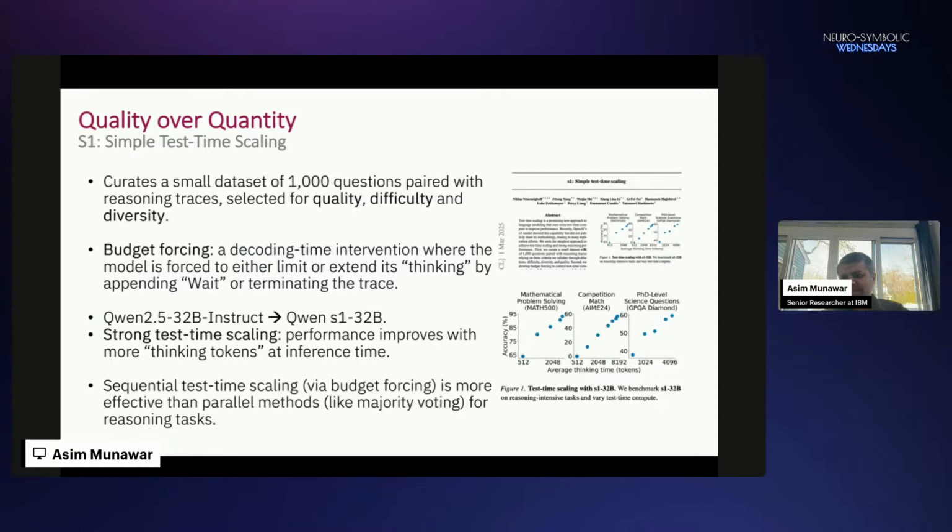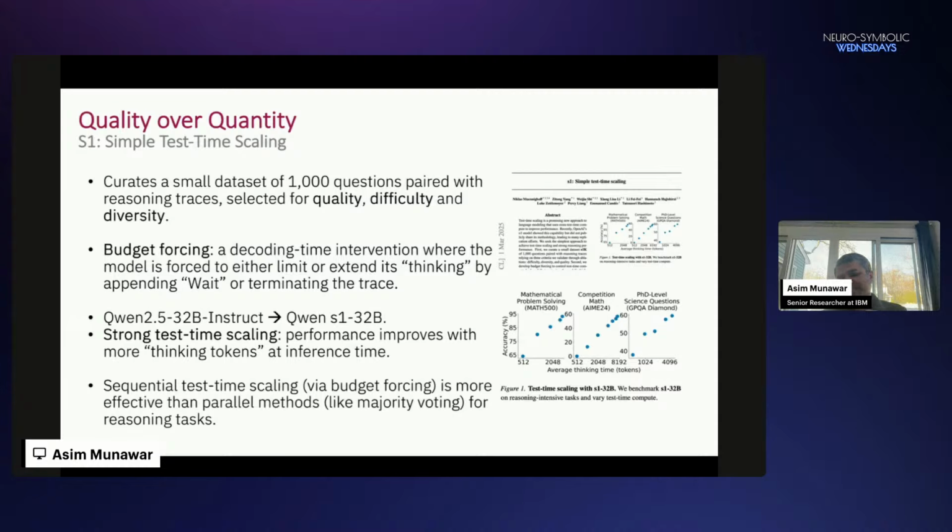Okay, so the message of this paper basically is that quality is a lot more important than quantity. So it's not about creating a million examples or running reinforcement learning for a long time. It's mainly about the quality of the data. Of course, they are using a few more tricks here. For example, they are using budget forcing. In budget forcing, if they think that the model is using too many tokens, they can just ask the model to stop.